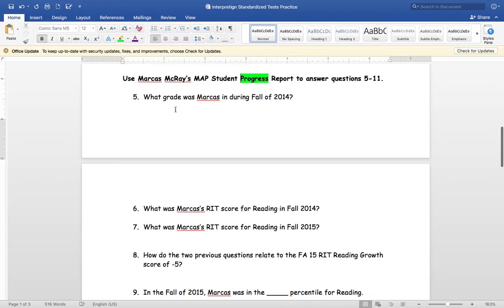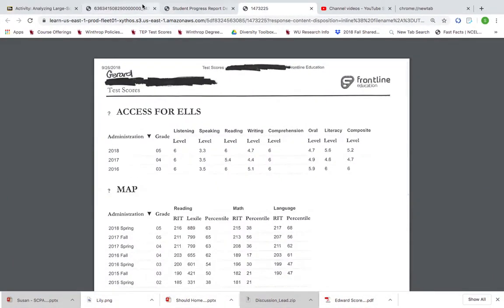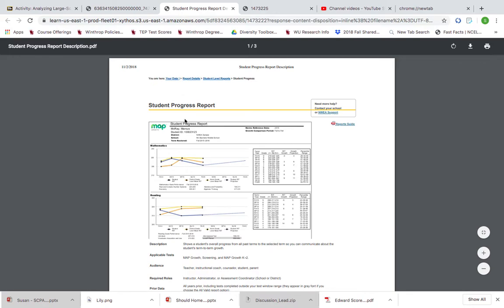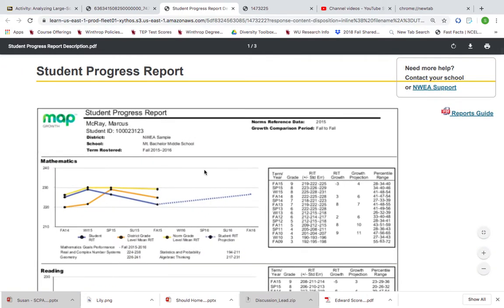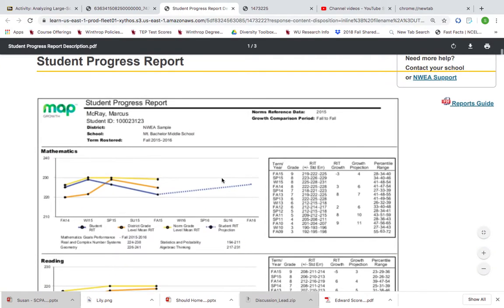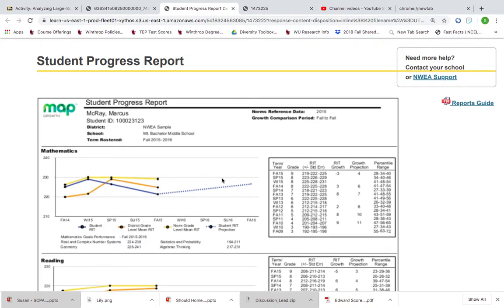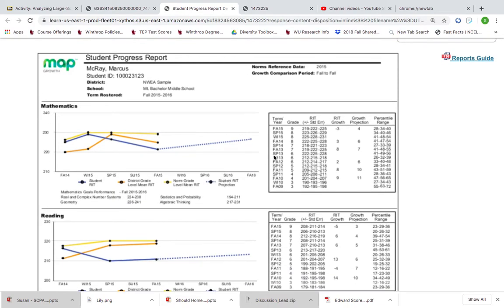So the first thing we need to do is pull up Marcus's progress report, and let's see what grade he was in fall 2014. All right, so we're in the MAP. Again, I know this is blurry and I'm sorry. Fall 2014. Let's see here. Got that FA for fall 2014. He was in grade 8.